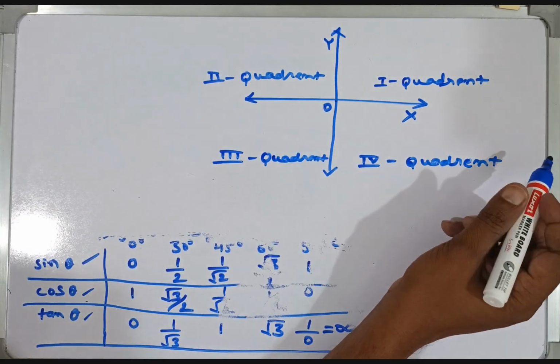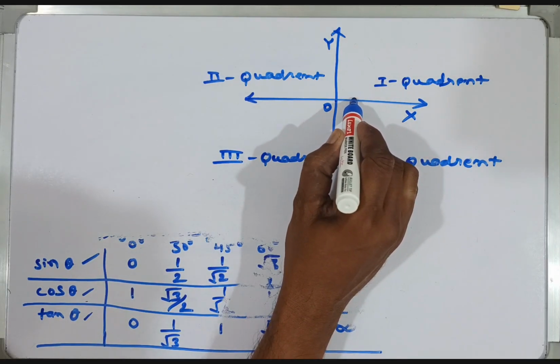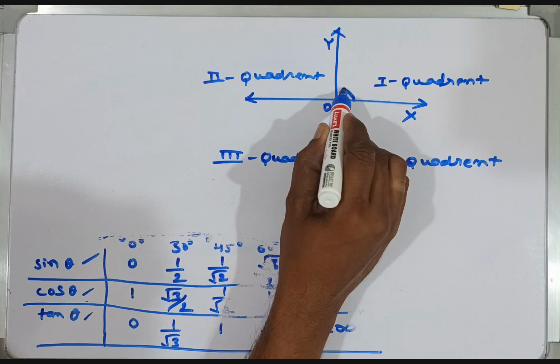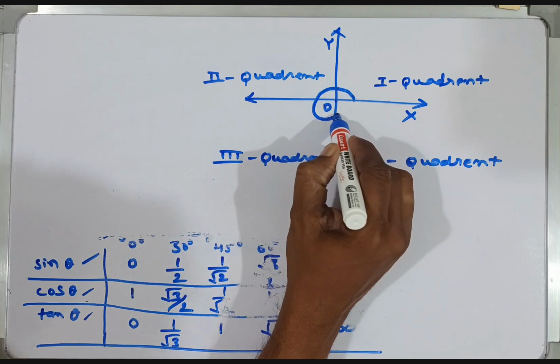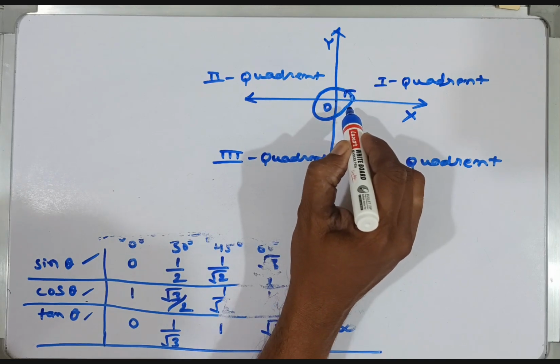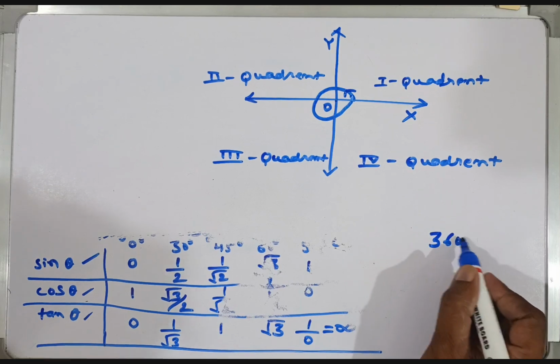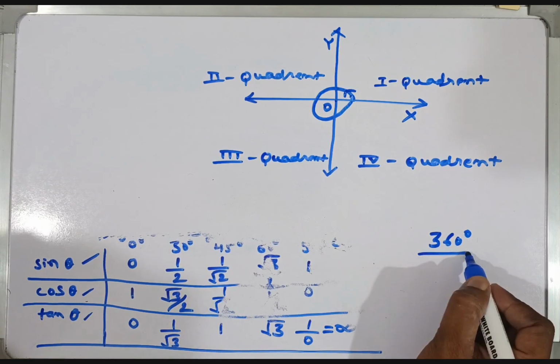If we move from here all the way around like this, how much angle do we move? This angle is 360 degree.